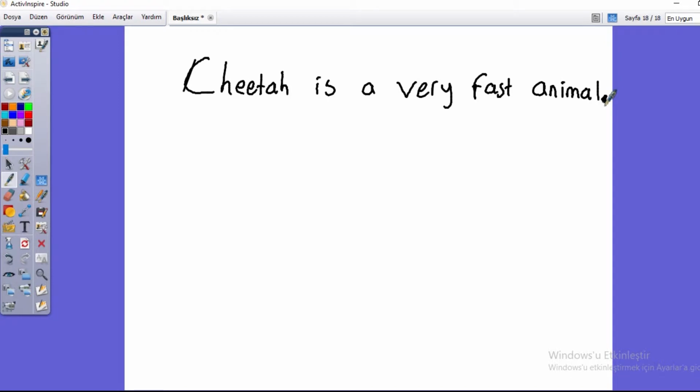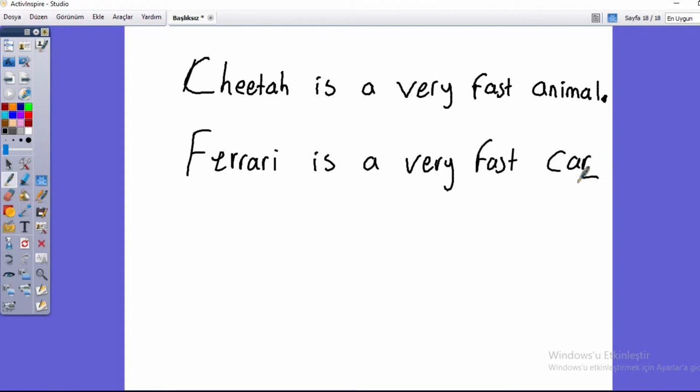Or Ferrari is a very fast car. So, noun, the adjective, and we always use very before the adjective. What is the opposite of fast? The opposite of fast is slow.